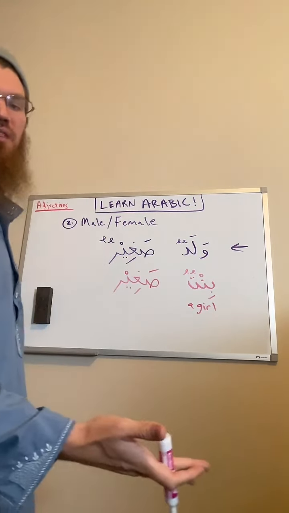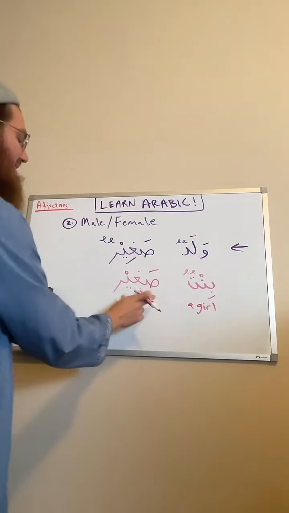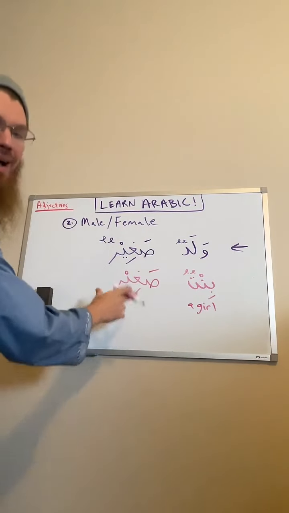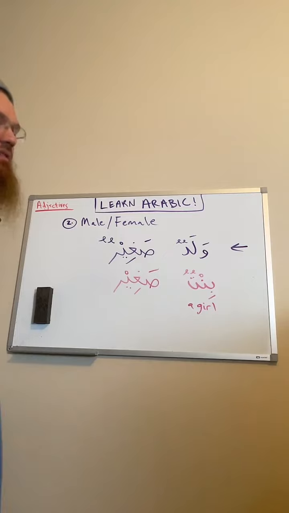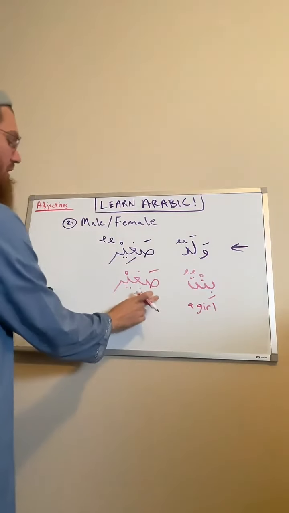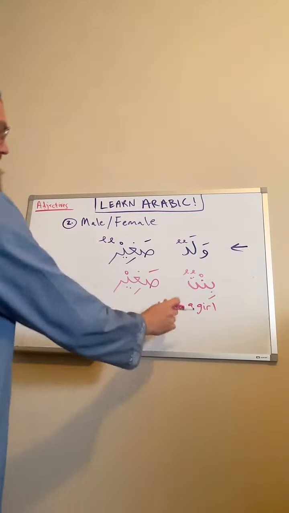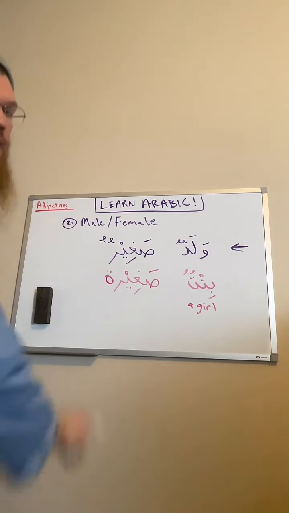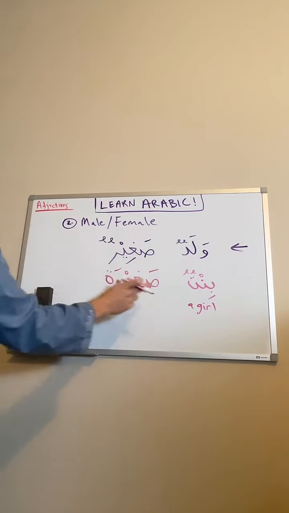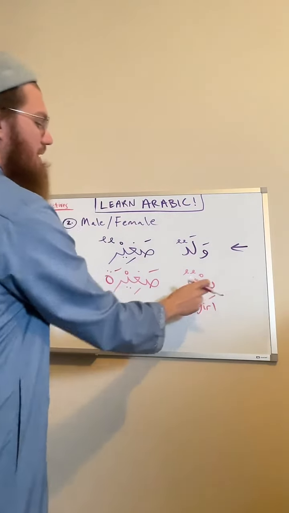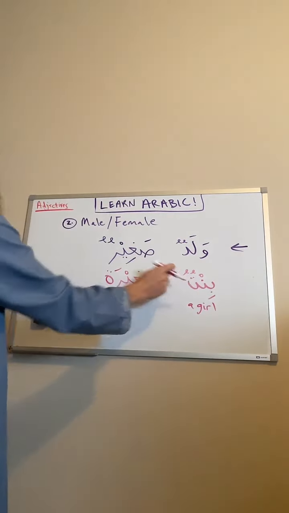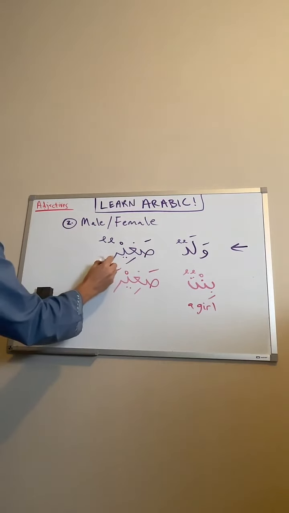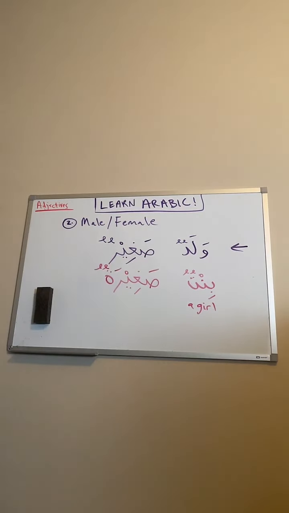A girl is feminine. So that means small also has to be feminine. What is the feminine form of صغير? The feminine form of صغير is صغيرة. We add a ta marbuta at the end. And because bint is indefinite with two dhammas, this also has to end with two dhammas.